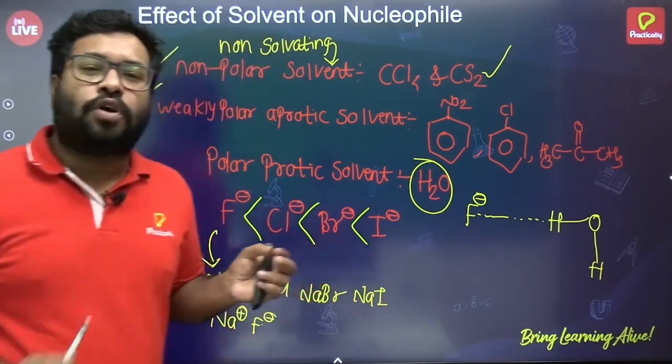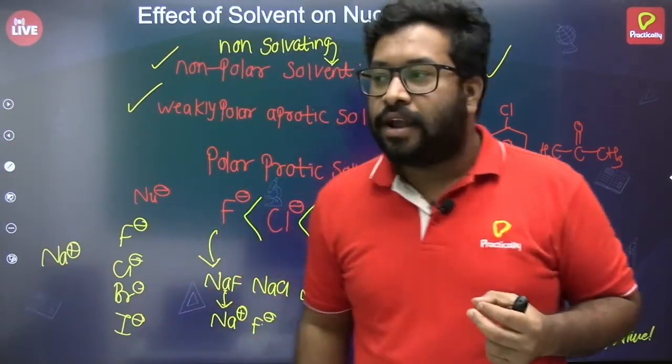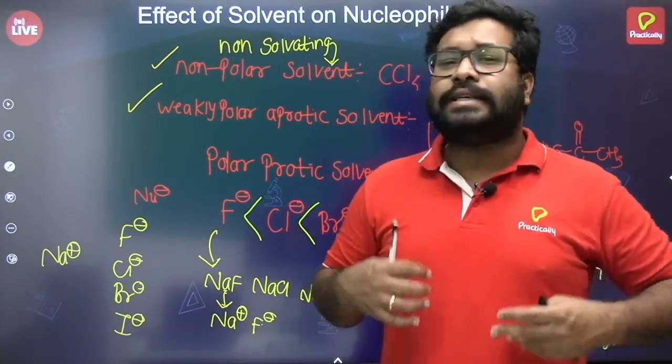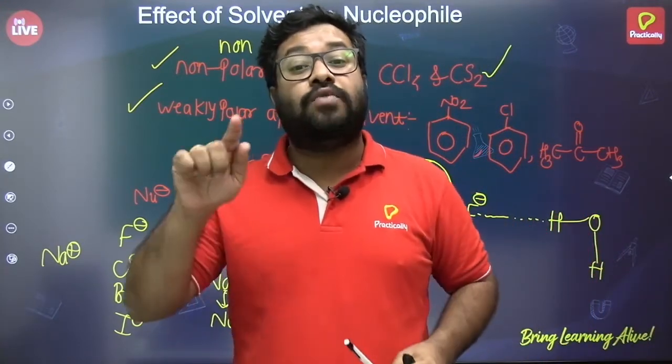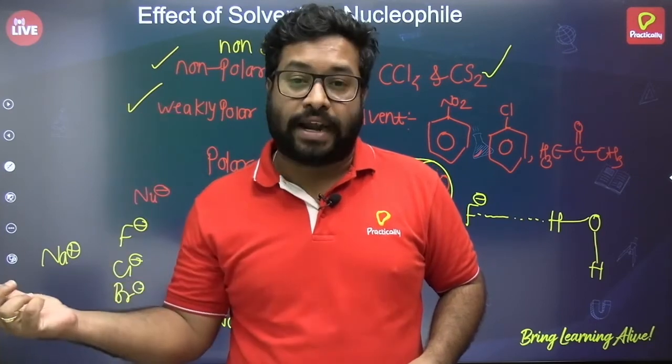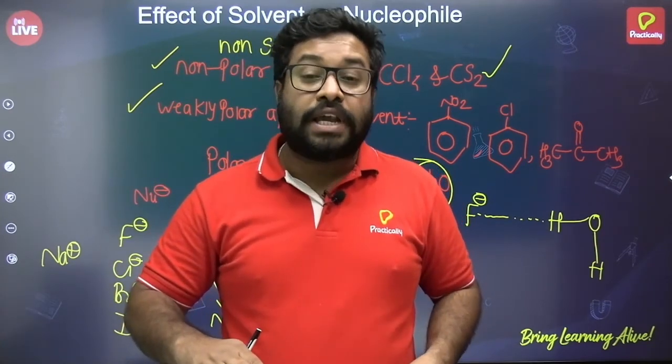But when it comes to solvating an anion, the strength with which water solvates is inversely proportional to the size of the anion. That means the smaller the anion, the greater the extent of its solvation.